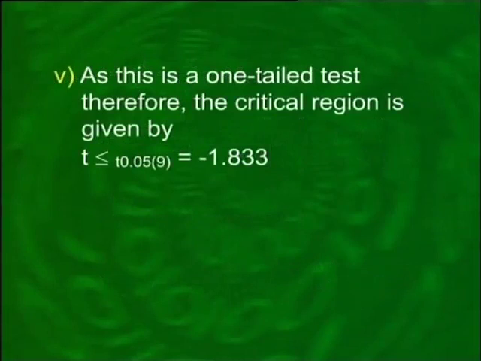Now, the critical region lies on the left tail of the distribution, and looking under 0.05, in the T table against 9 degrees of freedom, the value is 1.833, but because we have the left tail in our mind, therefore we say that the critical value is minus 1.833.